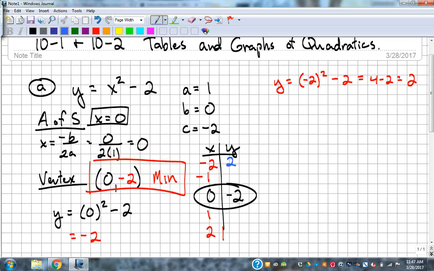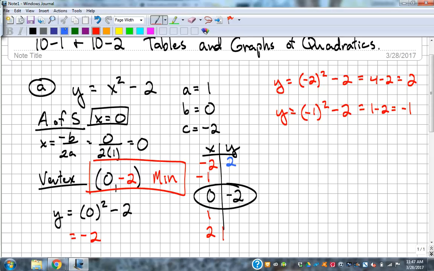Okay. I'm going to do the same thing for -1. I'm going to plug it into the problem and work it out. -1 squared minus 2. Okay, so -1 squared would be +1 minus 2, -1.